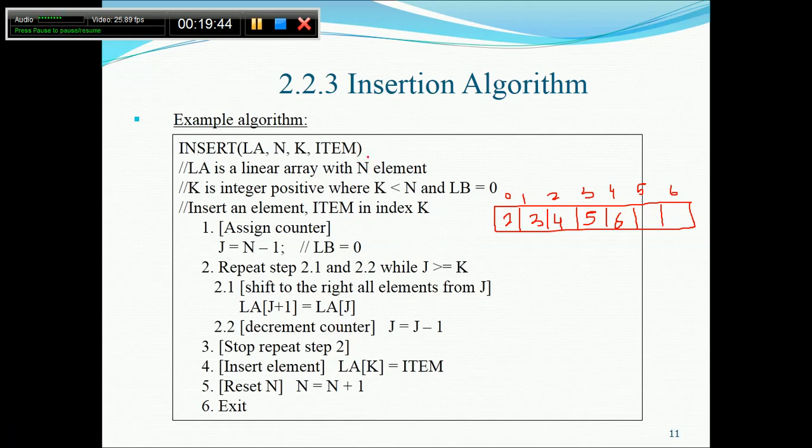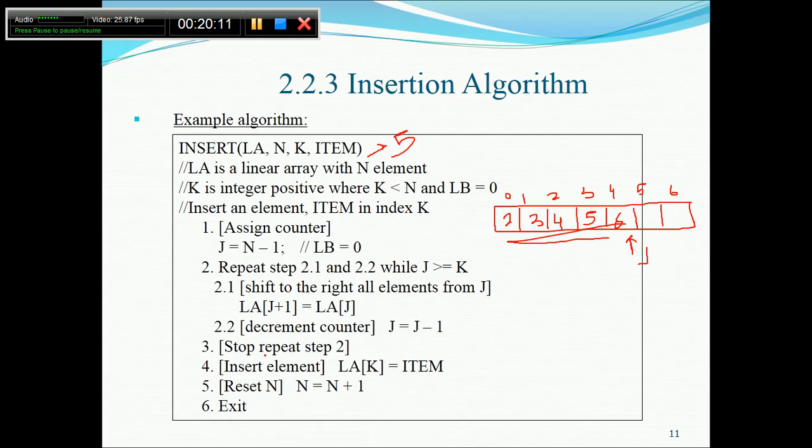Now k is a positive integer where k is less than n, meaning you want to add something in between. In this case, j is equal to n minus 1. What is n? 5, so j would be here, at index 4.